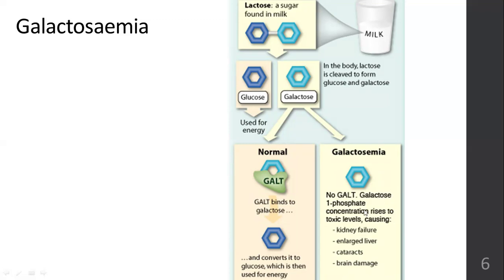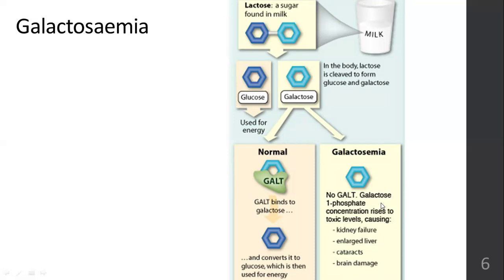And this concentration continuously increases in your blood to very toxic levels that it will lead to kidney failure, enlarged liver, hepatomegaly, cataract, brain damage, because galactosemia is galactose at a toxic level in blood, and wherever this toxic blood is reaching, that area will be damaged.